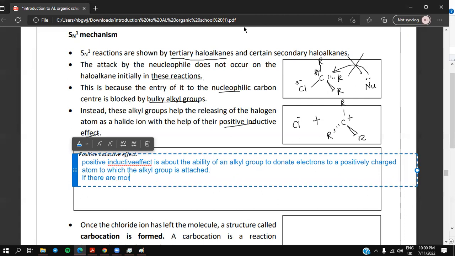If there are more alkyl groups, there is a higher collective positive inductive effect.